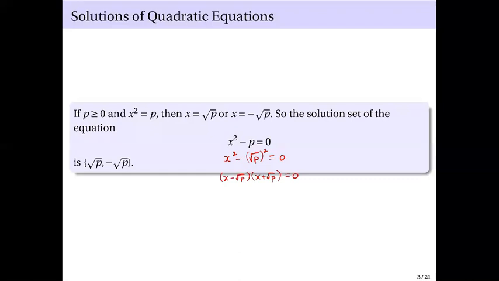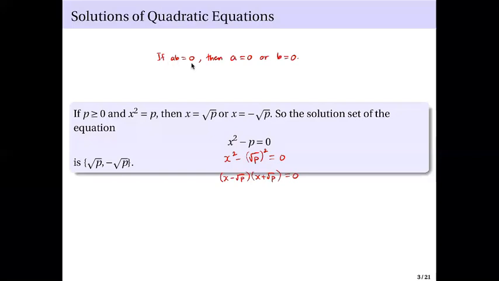Okay? Now, recall that if the product AB is equal to 0, then at least one of A and B must be 0. That is, A equals 0 or B equals 0.